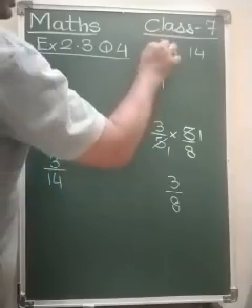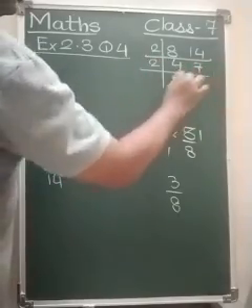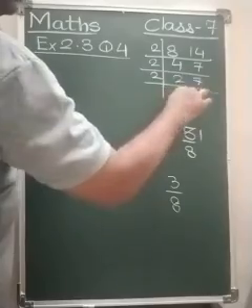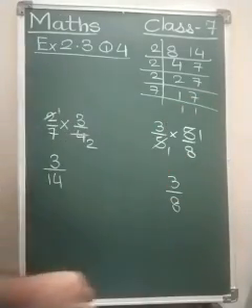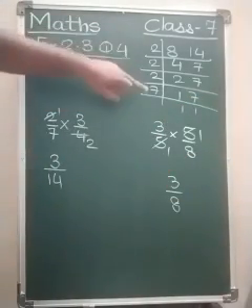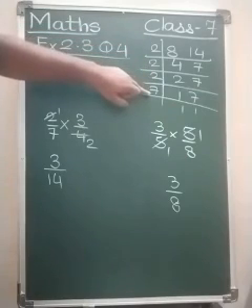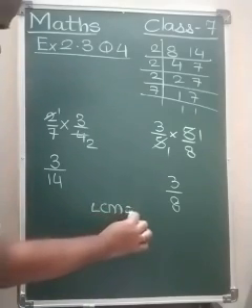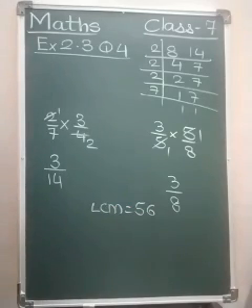So we have to find out the LCM. 2 4s are 8, 2 7s are 14. 2 ones are 7... 2 2s are 4, 4 2s are 8, 8 7s are 56. So LCM equals 56.